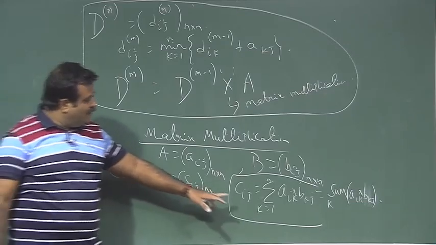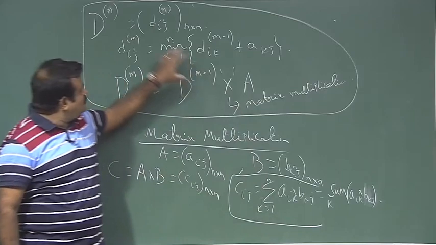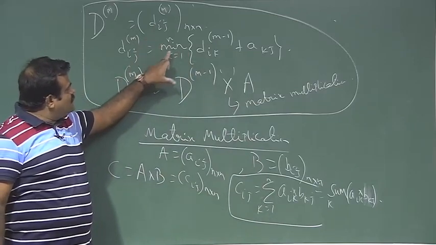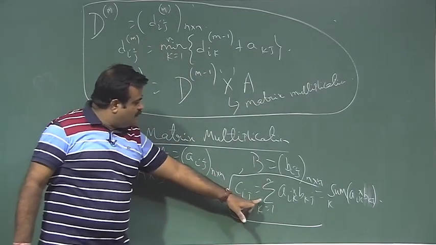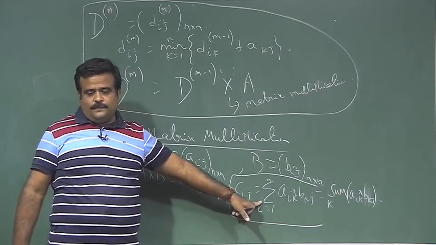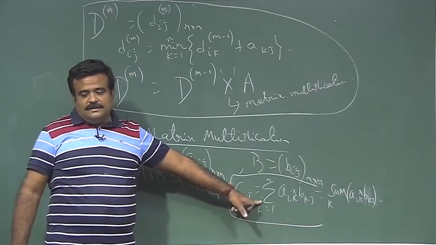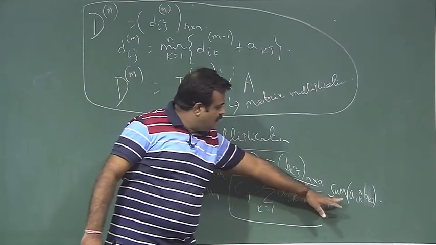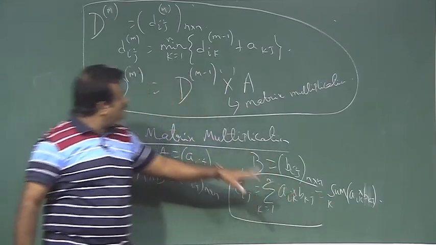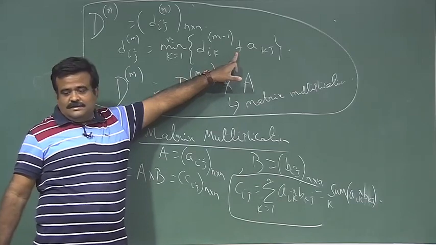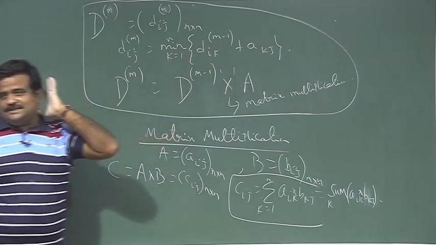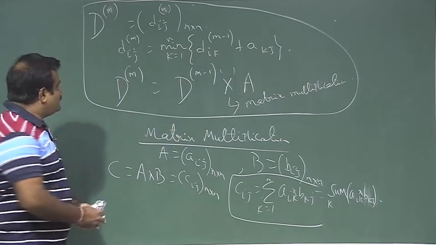Just think about it: this minimum plays the role of the sum, and this addition plays the role of the multiplication.